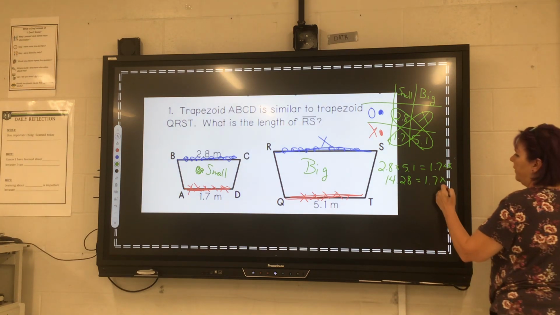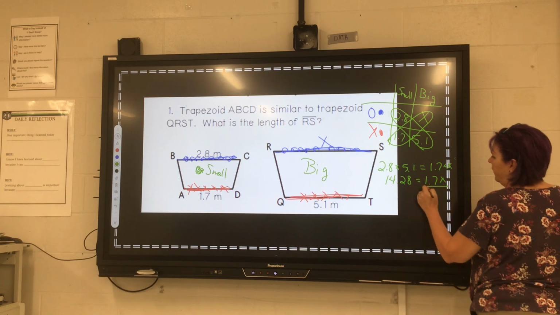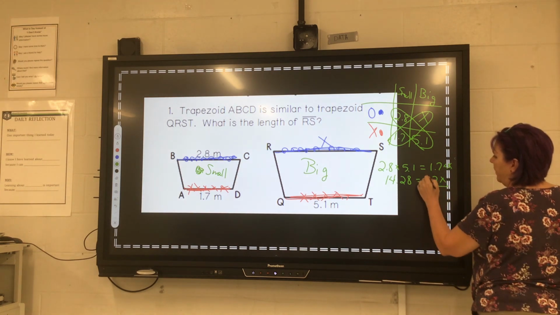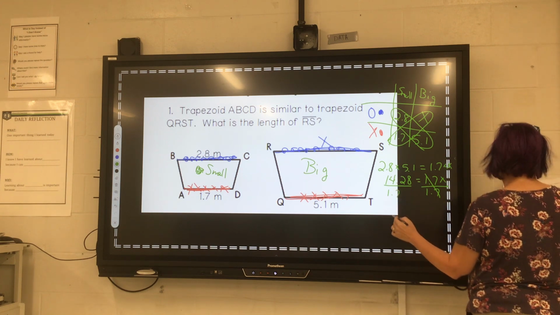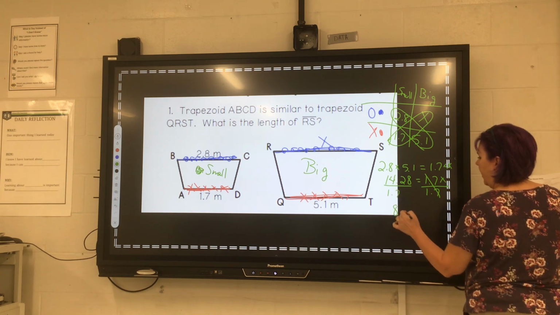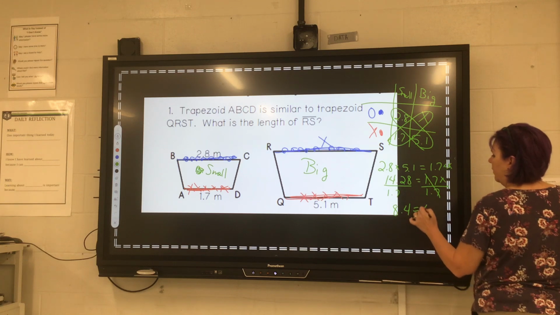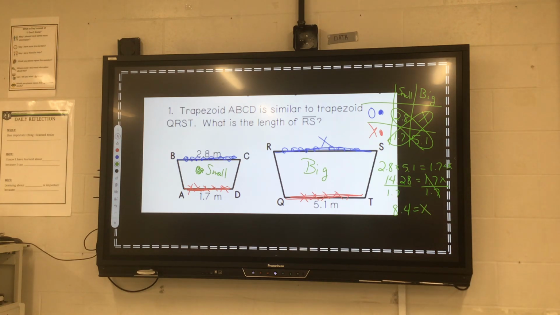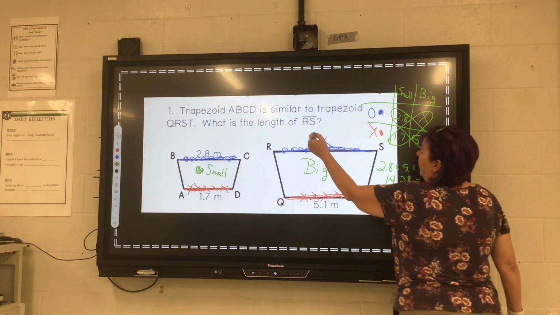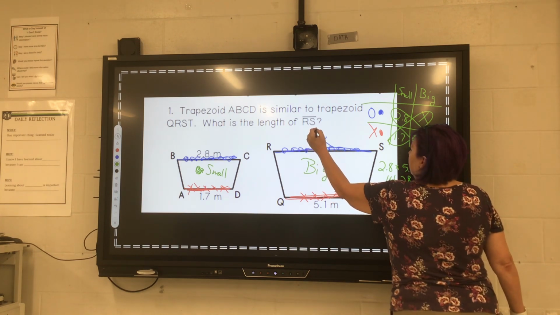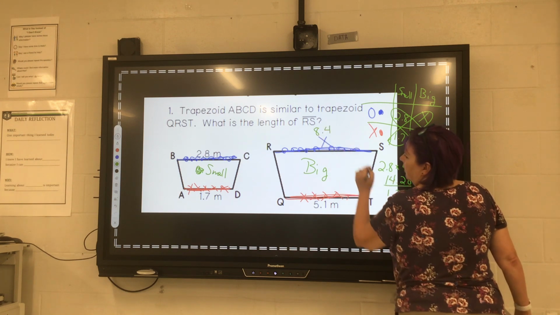To get the x by itself, you have to get rid of the 1.7 by dividing. And so when you divide it out, it comes up to be 8.4 equals x. So what that means is this length here is 8.4 meters.